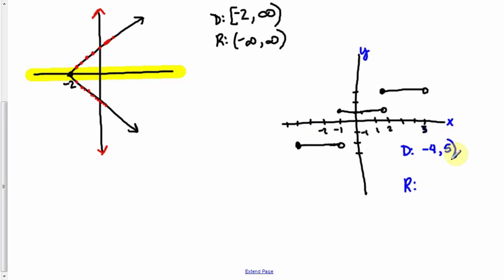It does not include 5, so I use a parenthesis, but it did include -4, so I use a bracket. So you're just looking at the x values that correspond to points on those segments.